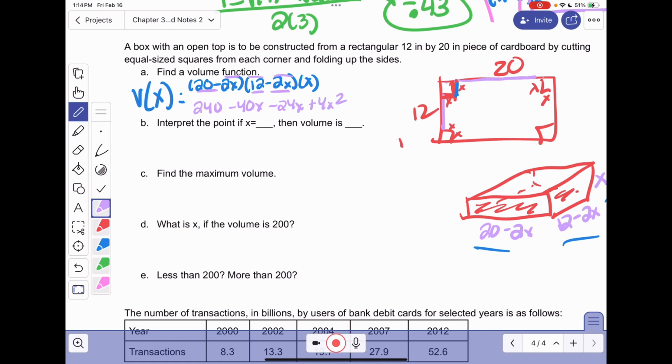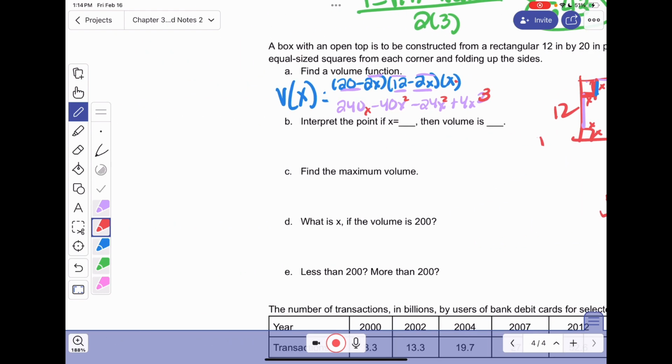Then I'm going to distribute this x to everything. So x squared, x cubed. Then if I combine like terms, I get 4x cubed minus 64x squared plus 240x. There's my volume equation.